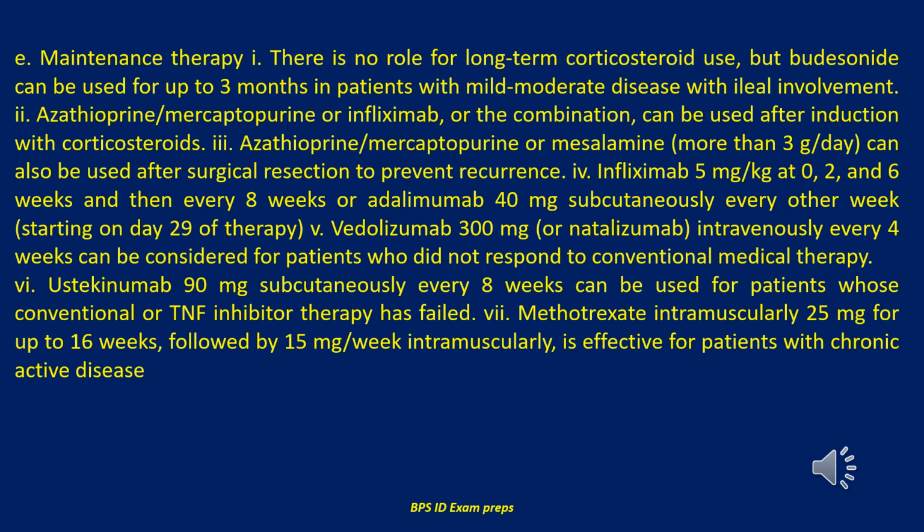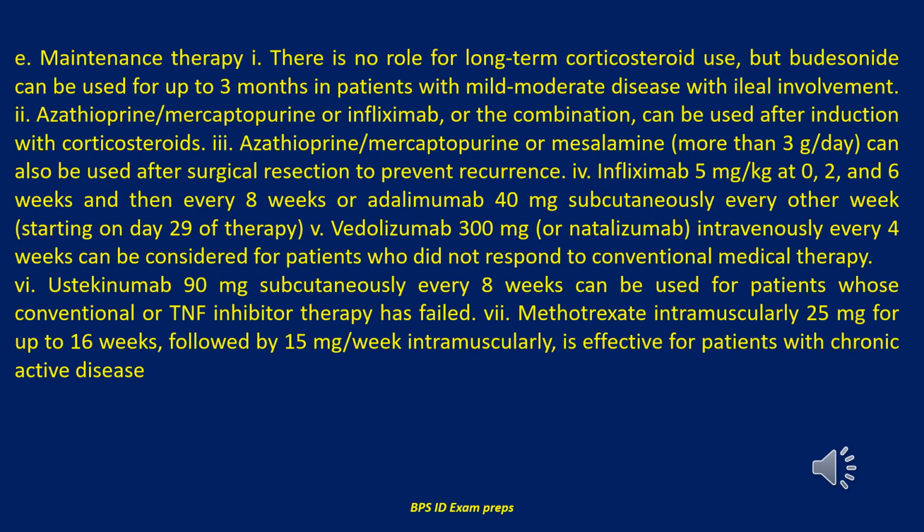4. Infliximab 5 mg per kilogram at 0, 2, and 6 weeks and then every 8 weeks, or adalimumab 40 mg subcutaneously every other week, starting on day 29 of therapy. 5. Vedolizumab 300 mg or natalizumab intravenously every 4 weeks can be considered for patients who did not respond to conventional medical therapy. 6.